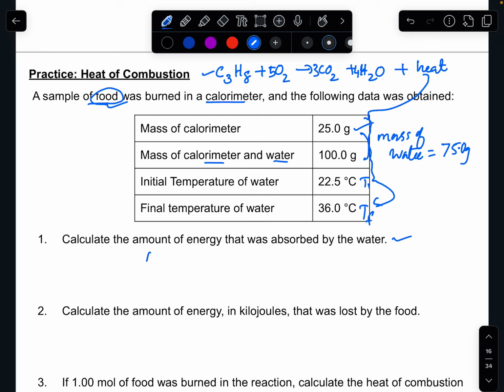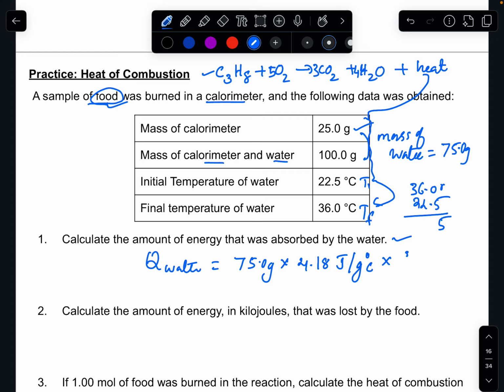So I'm going to calculate the Q gained by the water, which will be equal to mass of water, which is 75.0 gram, and we know the specific heat capacity of water, which is 4.18 joule per gram degree Celsius, times the change in temperature, which is 36.0 minus 22.5, which will be 13.5 degrees Celsius.